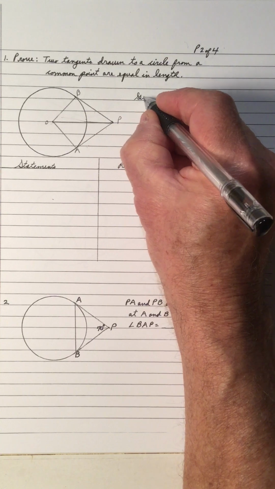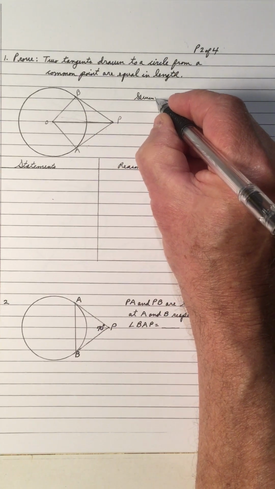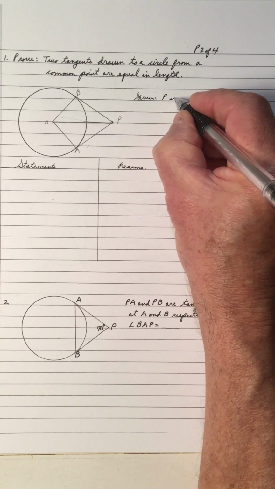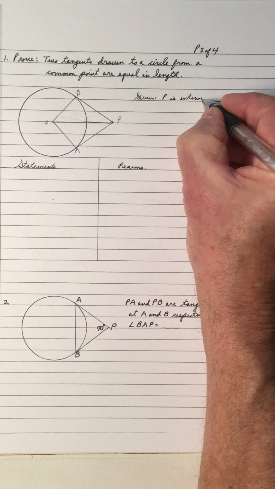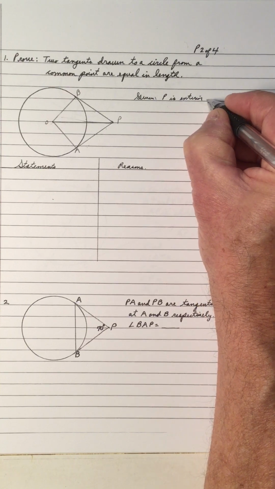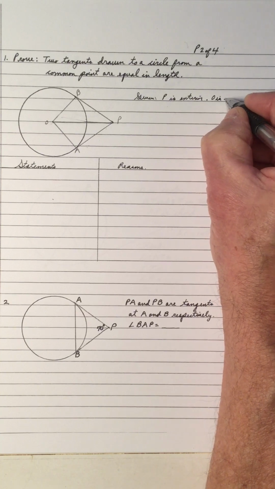In this proof, we're given that P is exterior to the circle. We also have that O is the center of the circle.